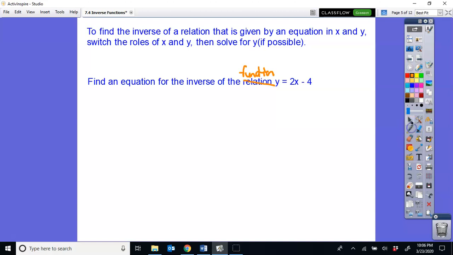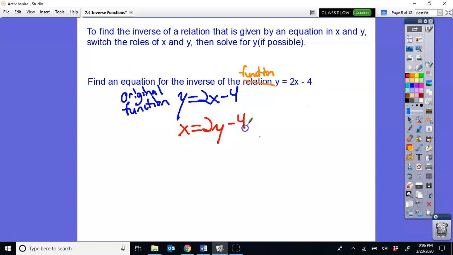So what I mean by that is, if this is my original function, y equals 2x minus 4, I switch the x and y. Notice what that looks like. I did not change anything about the function.